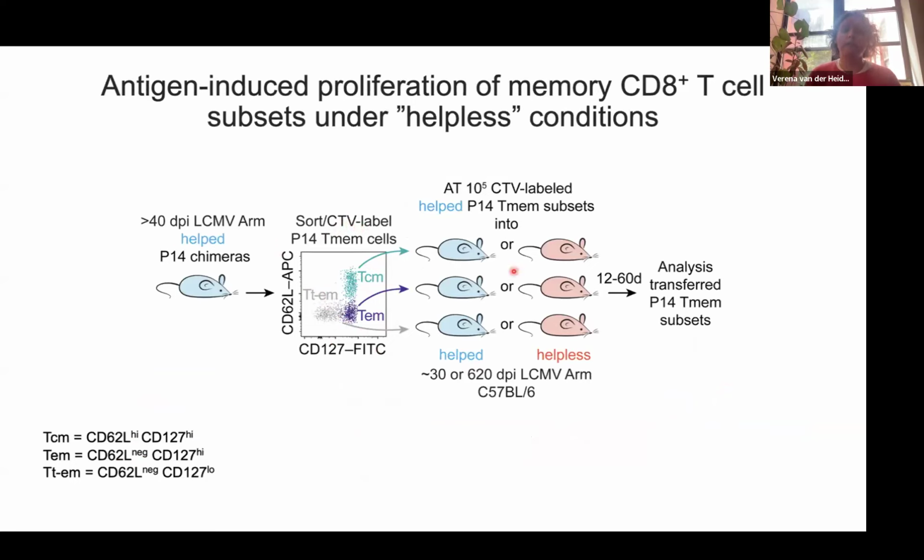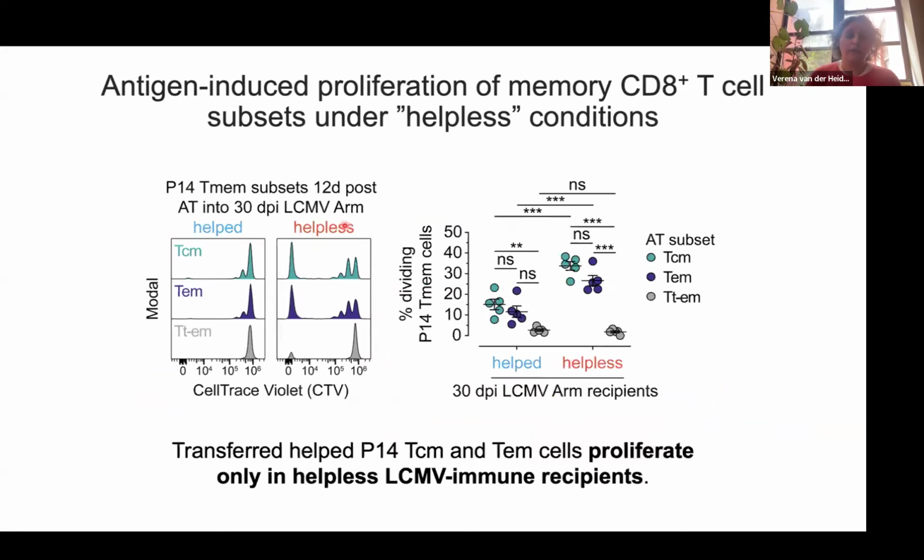They were CTV labeled, and then transferred back into helped or helpless LCMV immune mice at an early memory time point and then a later memory time point. You can see in this histogram plot that in the helpless recipients, both the TCMs and the TEMs, again, these are helped cells that are transferred into helpless mice, do proliferate quite a bit in the helpless compartment. The very terminally differentiated memory T cells usually do not proliferate well.